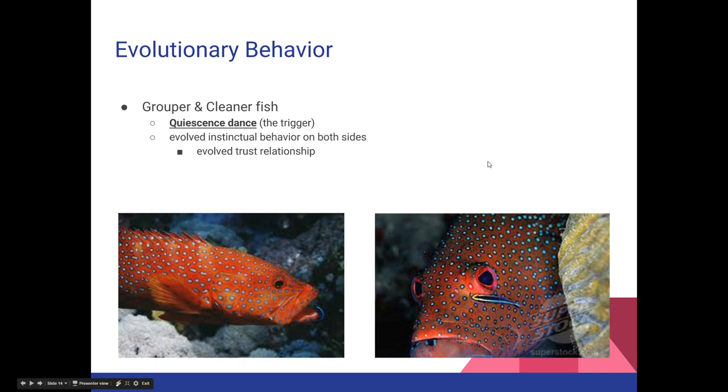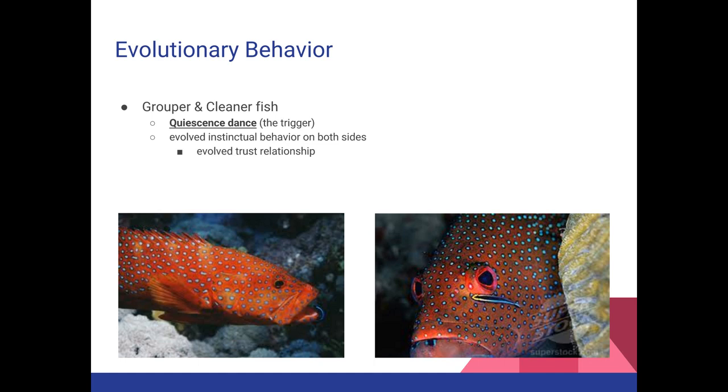A very similar relationship is the grouper and the cleaner fish, and the grouper has evolved to, even very young grouper, have this established trust relationship. It happens even at the very youngest age, so it's assumed to be an evolutionary trigger that this very shiny species of cleaner fish will dance in front of the grouper's eyes, and the grouper will just be hypnotized.